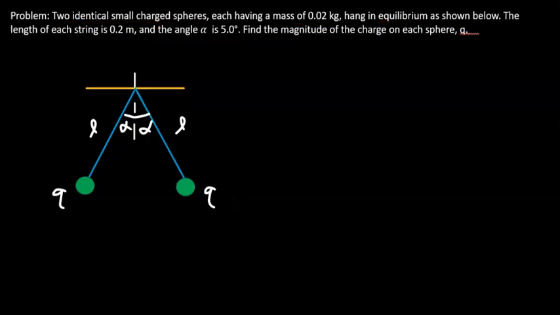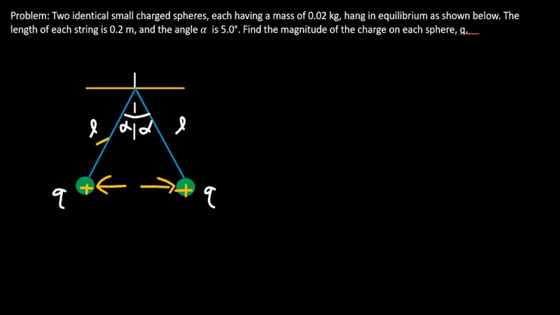So basically what is happening is, since these two charges are identical, let's give them some sign. Let's call them plus and plus, or negative and negative, it doesn't matter. Since they have like charges, what's going to happen? They will repel each other. And there is also tension in the string.